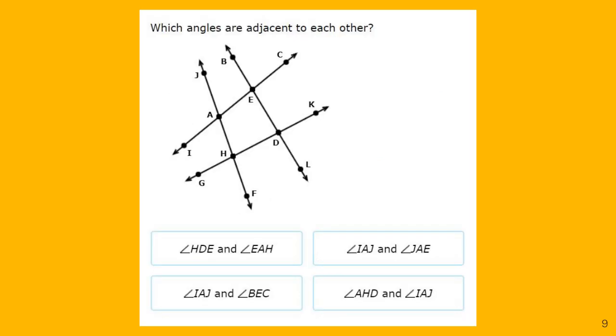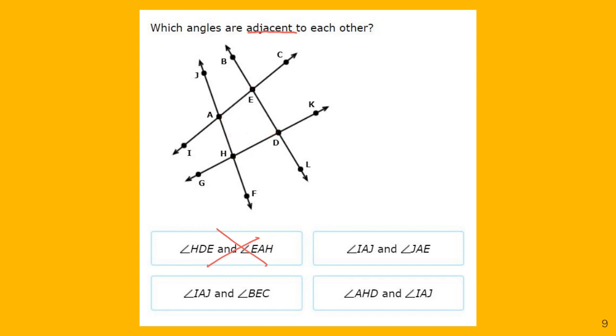Now, this one says which angles are adjacent to each other. So remember that adjacent means that they're going to share a common side. So our first option is HDE and EAH. Do those two angles share a common side? No, they do not. So those would not be adjacent.